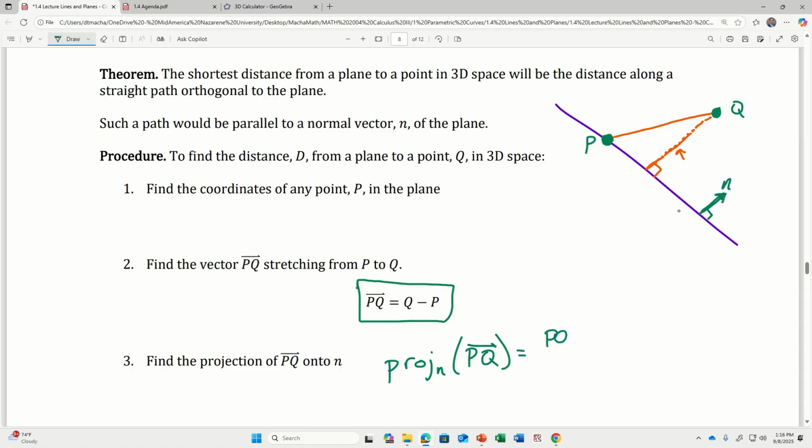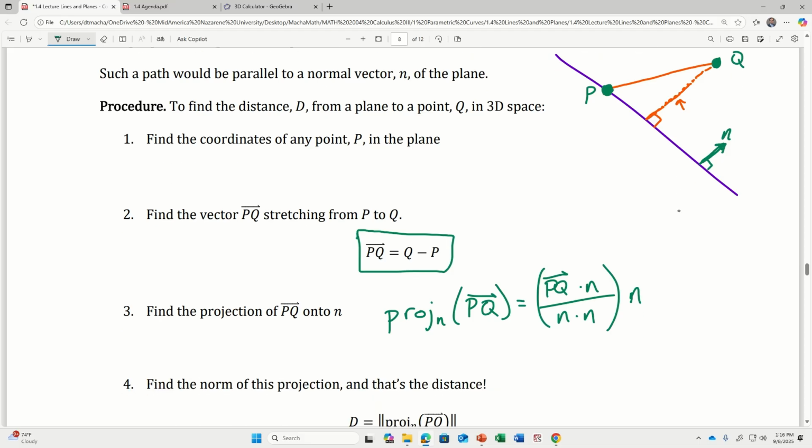My projection formula is PQ dot N over N dot N times N. So that's going to take just the component of the PQ vector that's in the direction orthogonal to the plane.